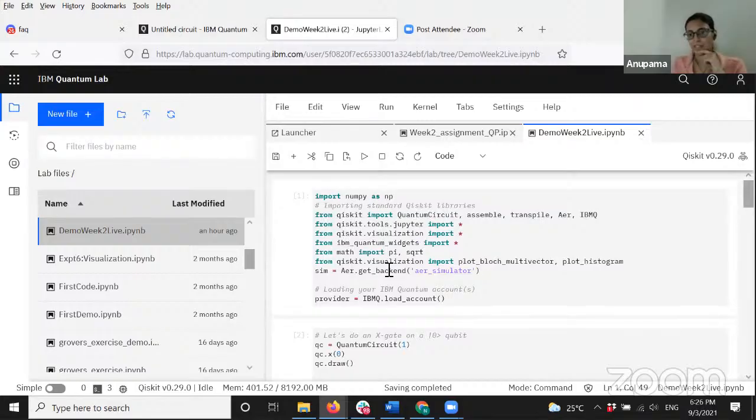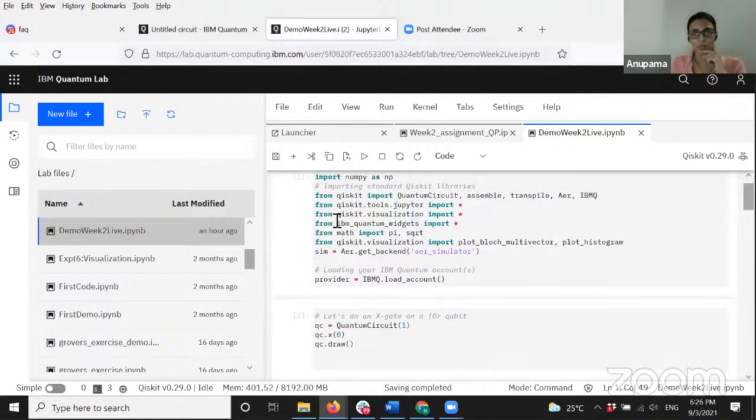There are some other lines that I have specially imported for the sake of plotting a couple of things. You can actually do a quantum Qiskit visualization import star, and that's also okay. In my code, some of you observed that I have specifically taken Bloch sphere and histogram and so on. But if you have imported everything, you can ignore that.